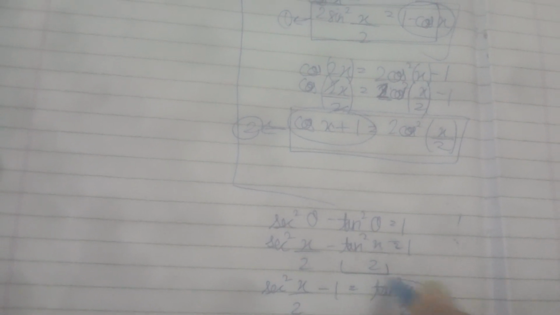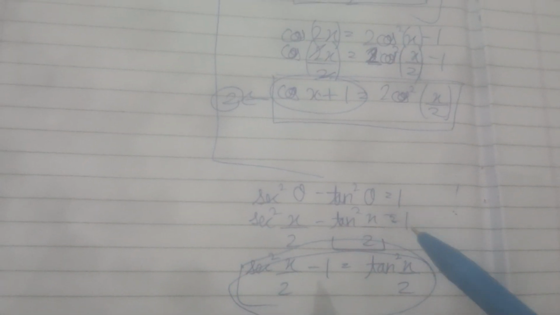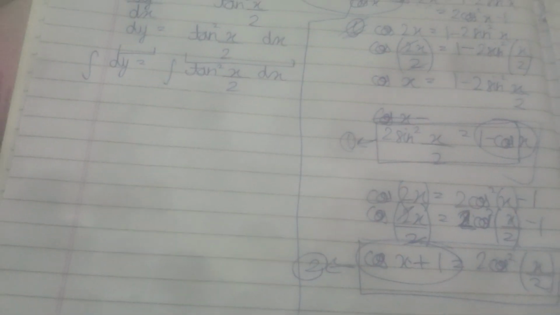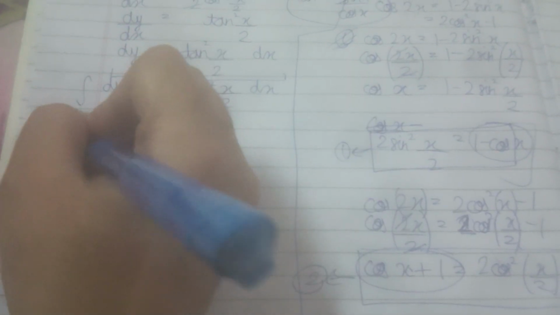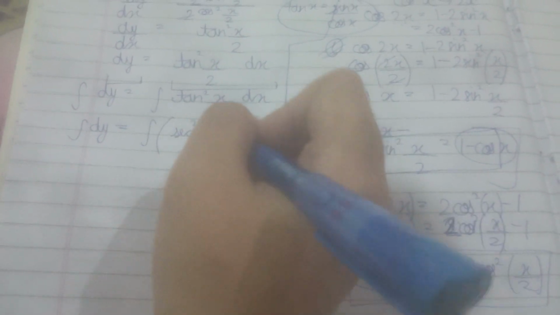We are going to substitute this over here. So integral dy is equal to integral of sec square x by 2 minus 1 dx. We have written this.